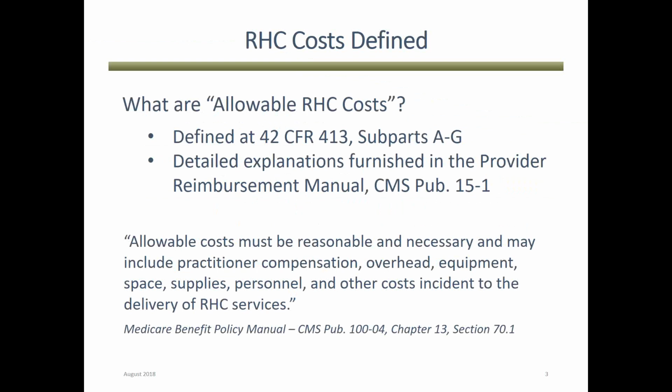Allowable costs must be reasonable and necessary and may include practitioner compensation, and that can be salaries or contract fees, overhead, equipment, space, supplies, personnel, and those are personnel who participate in the operation of the clinic other than practitioners, and other costs incident to the delivery of RHC services. Now, that is a somewhat broad definition. We'll define it a little bit more as we go forward.